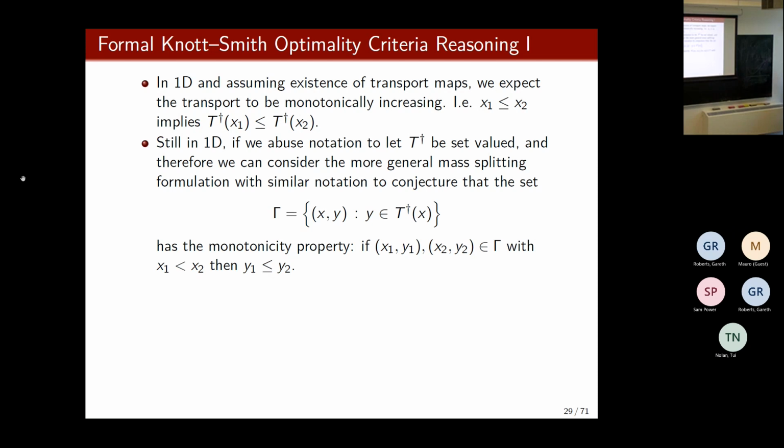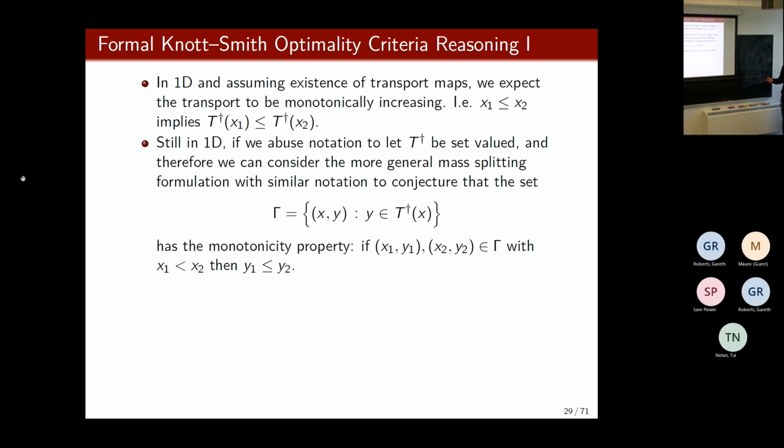Okay, so if I think still in one dimension, but now I allow mass to be split, then we have a very similar monotonicity property. So here my gamma is essentially going to be the support of my optimal transport mapping.